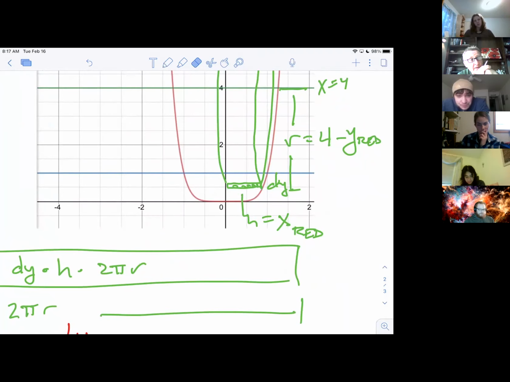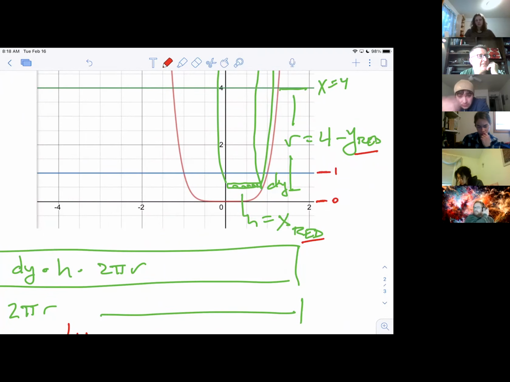And again, we're talking about the red curve since everything pertained to the red curve here. From 0 to 1. Yeah, I'm thinking it tops out here and bottoms out there. So isn't that 0 to 1?